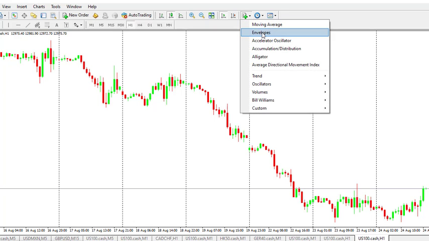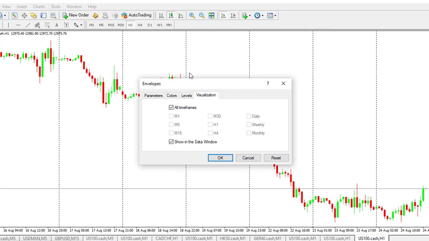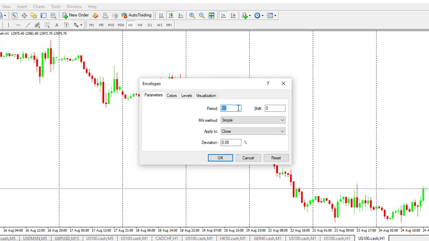Then let's start with the first indicator. I'm going to use envelopes, and I'm going to show you the setting. This is the parameter, and you change this to 52. This is not the default setting, just because I've used it before, that's why you have the setting on this particular indicator. The period is 52, shift 0, MA method simple, apply to close.